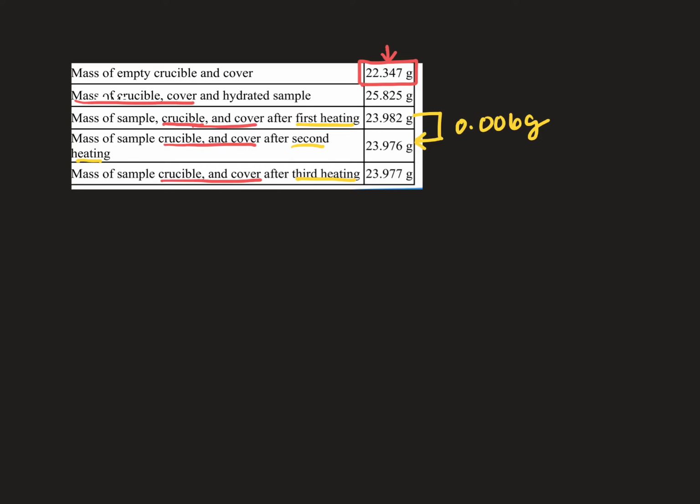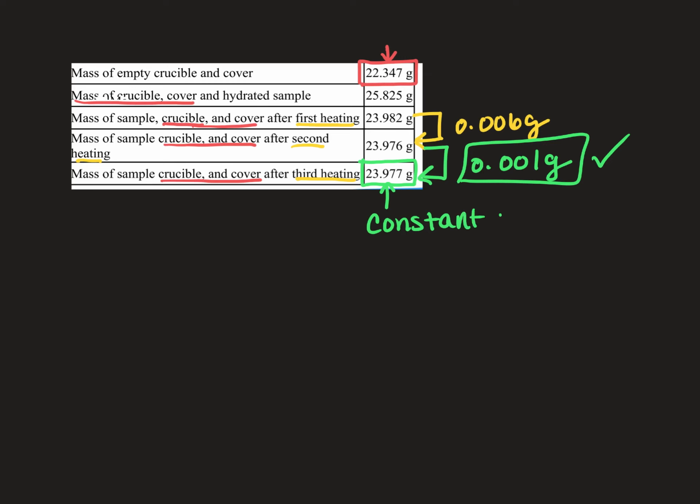So now we're going to look at the second to the third heating, and notice that we're only looking at 0.001 grams. Well, since our balance is measuring to the thousandth of a gram, this is a good value within sig figs. So this means that at this particular point we now have constant mass, and it means that all of the water is evaporated. So that's an important piece.